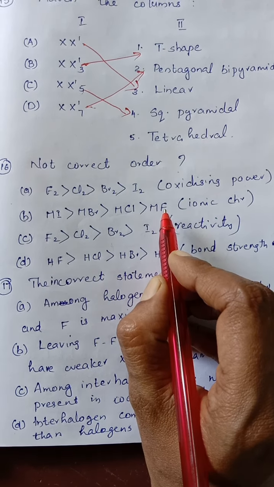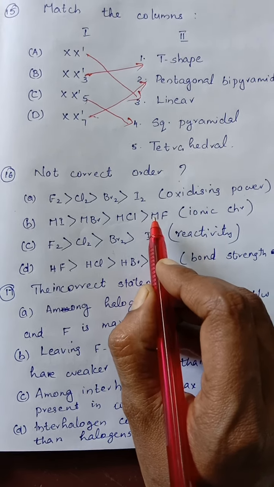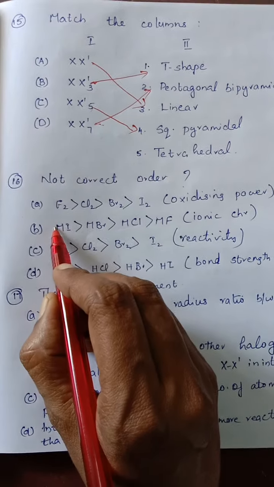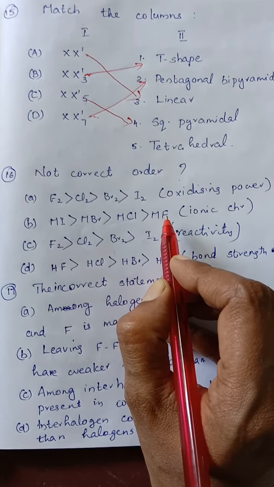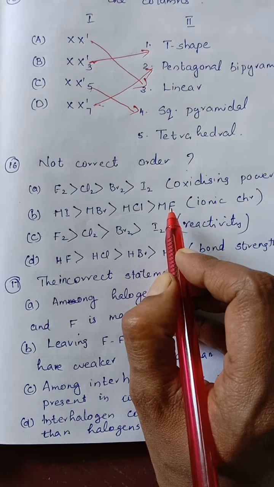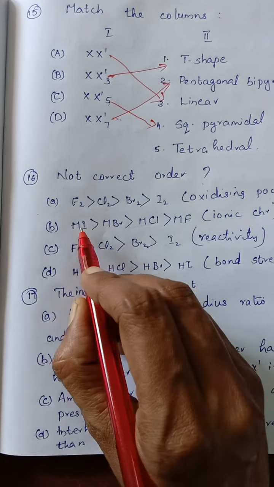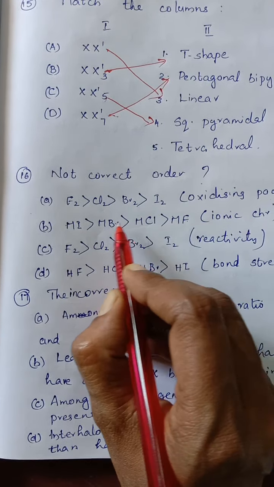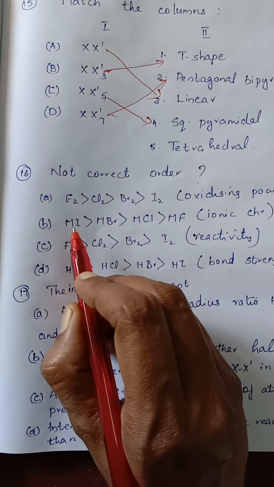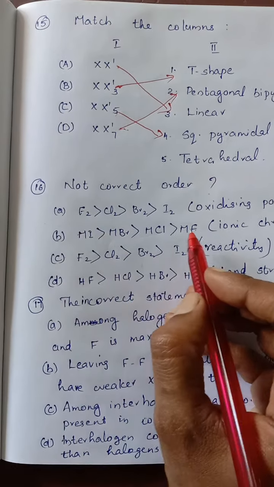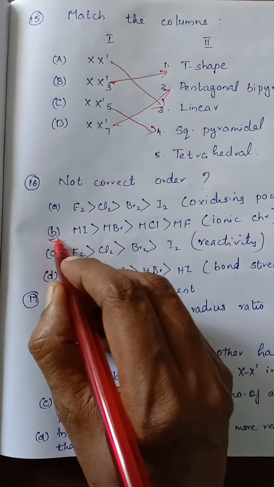When the size of the anion halogen increases from fluorine to iodine, larger the anion, greater the covalent character. That means as the size of the anion increases from fluorine to iodine, covalent character increases in this order. Ionic character actually decreases. That means this order is wrong.